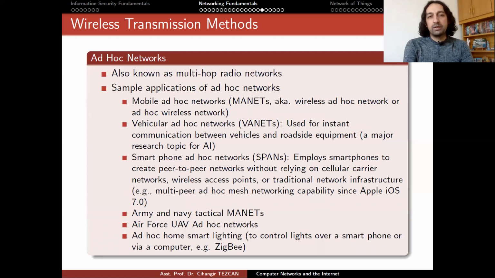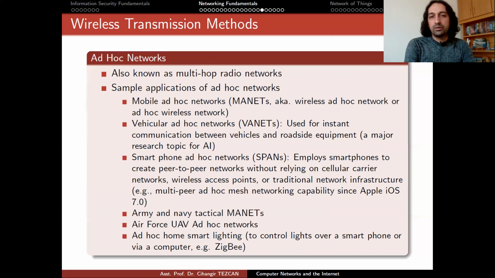These are also known as multi-hop radio networks because in order to communicate with somebody, maybe there are 5 different nodes between you and that person, so you have to have multiple hops. Data is sent between all of these nodes to reach the other person. There are many applications. Mobile ad hoc networks, also known as MANETs, are active research topics.